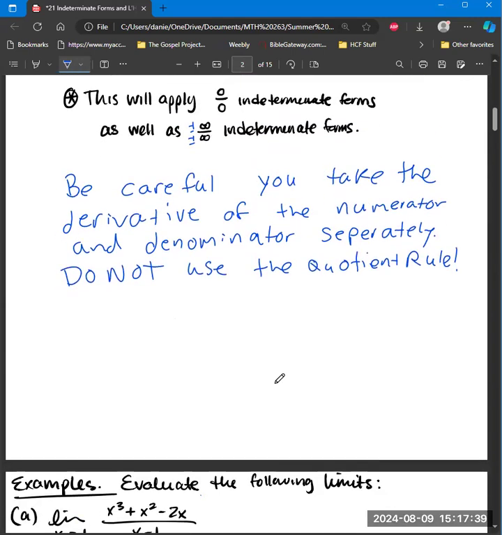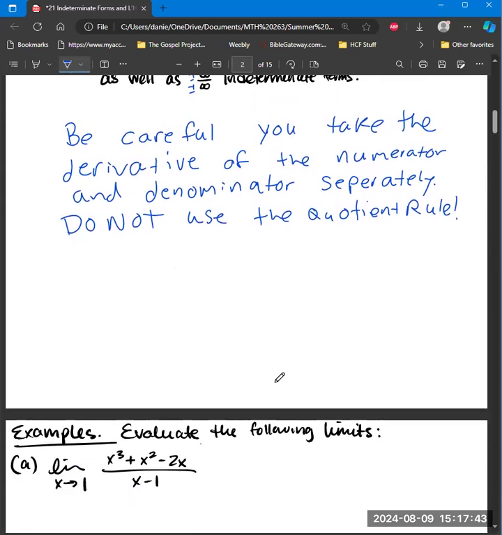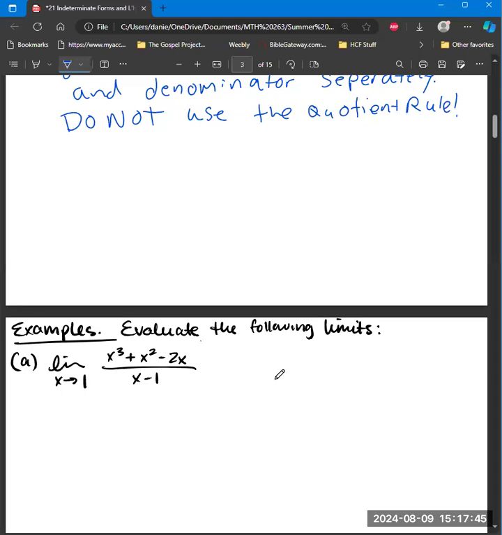We do want you to know that the limit of the quotient is the quotient of the limits back in limit properties.